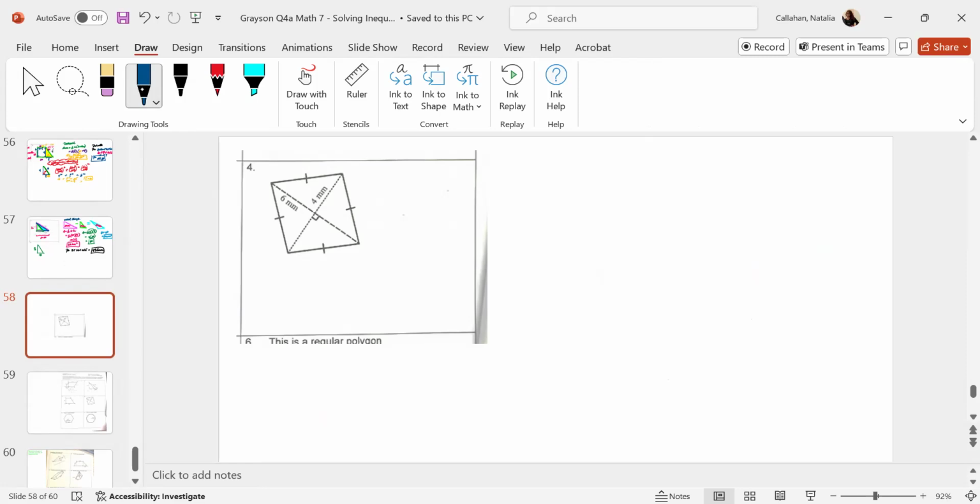All right. So what shape is this? Remember the 3 things. Identify the shape. What is that? Okay, we did that. Step 2. Formula.